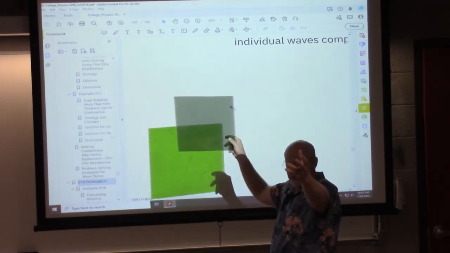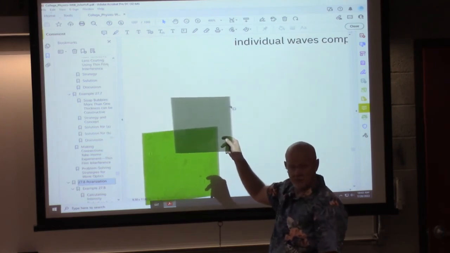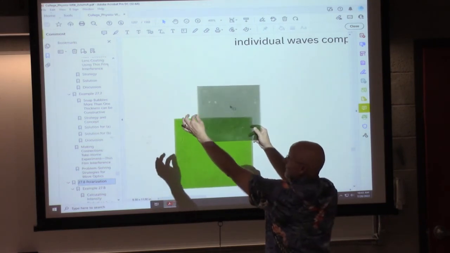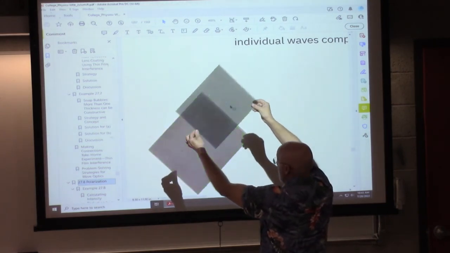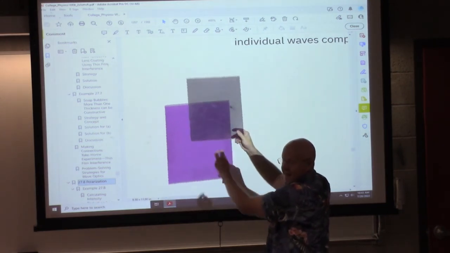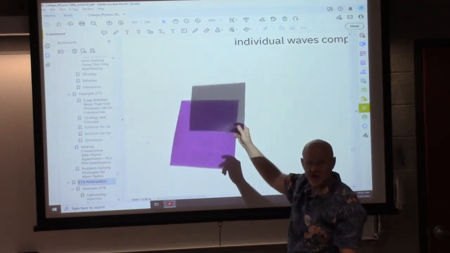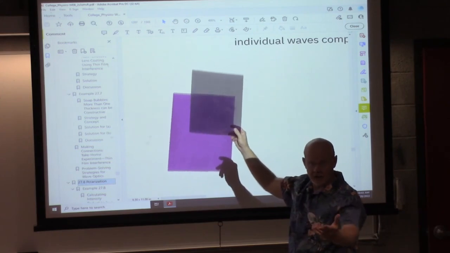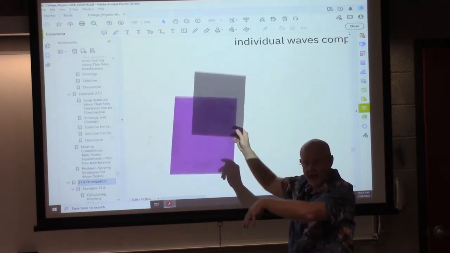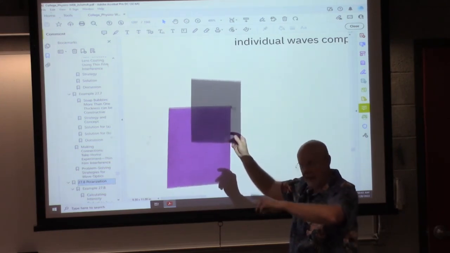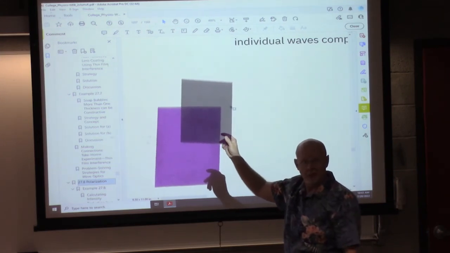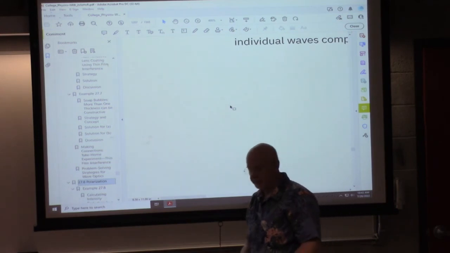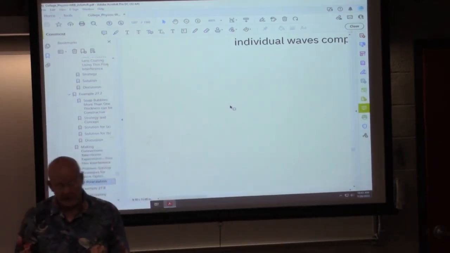So it blocks the red and it blocks the blue, but it lets the green. If I were to turn it the other way, it'll look magenta because it's blocking the green, but it's letting the red and the blue through.